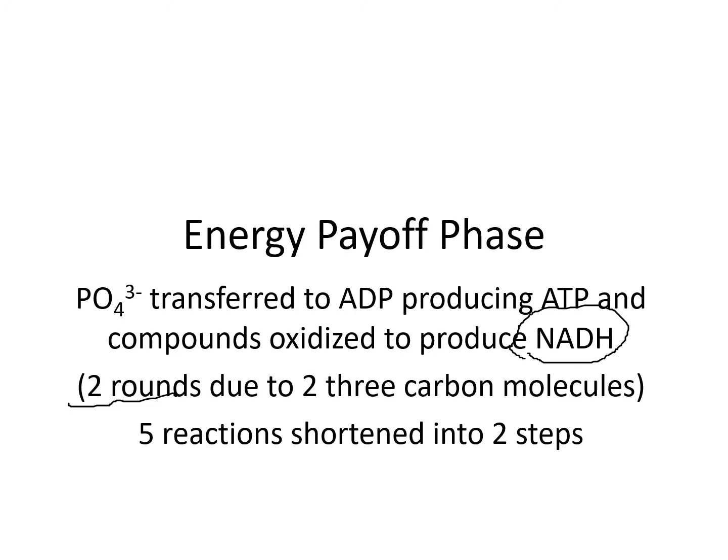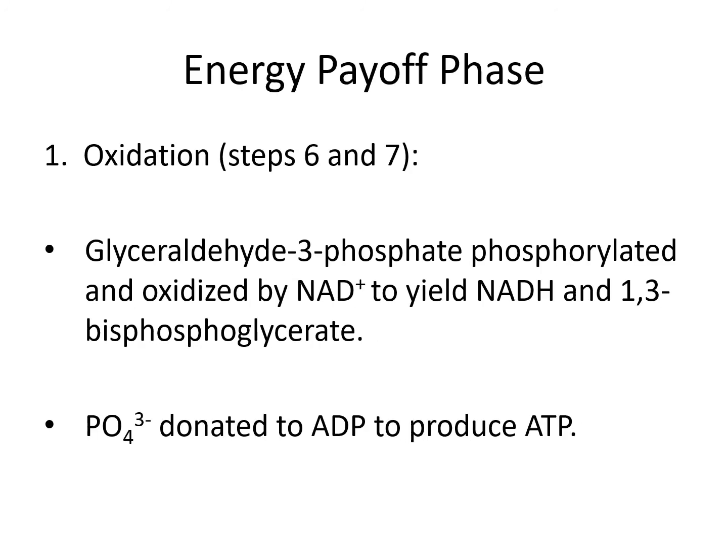Your textbook takes the 5 reactions and shortens them down to 2 steps for simplicity. In the first step, which covers reactions 6 and 7, the glyceraldehyde 3-phosphate, which was produced in the last set of reactions, is phosphorylated and oxidized by NAD to yield NADH and 1,3-bisphosphoglycerate.